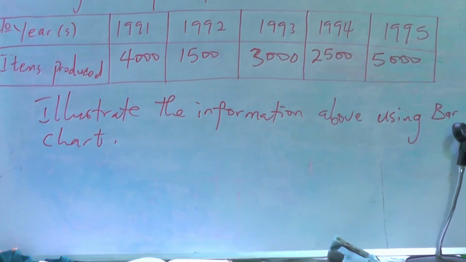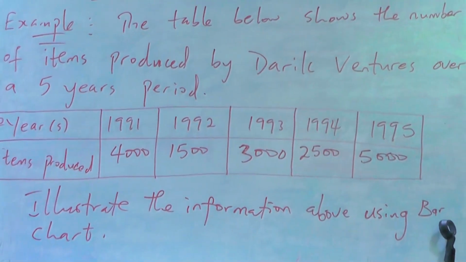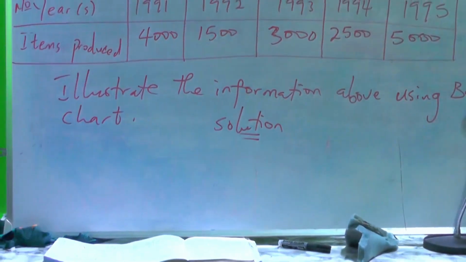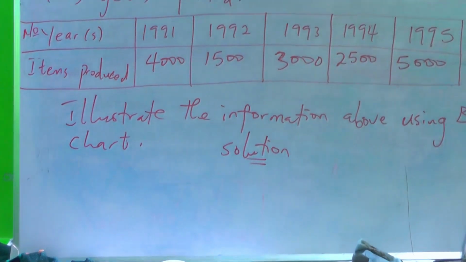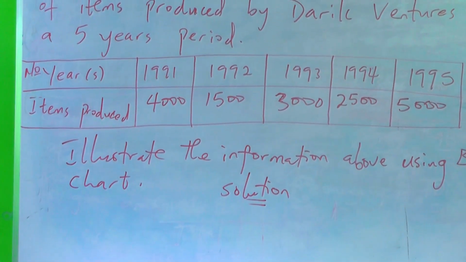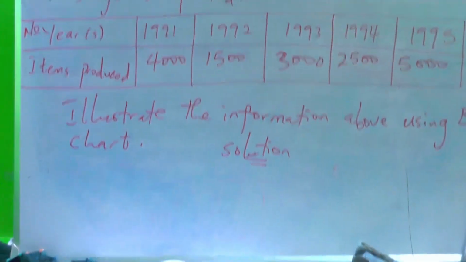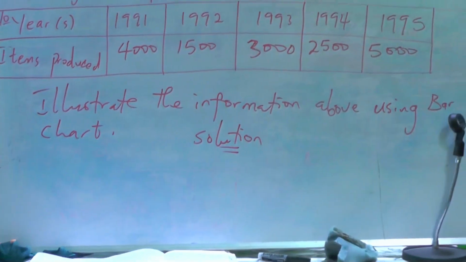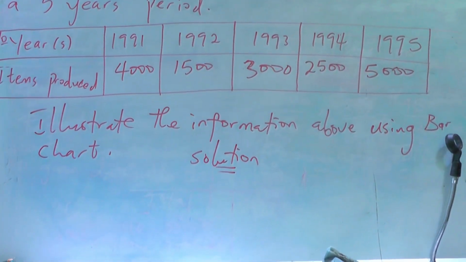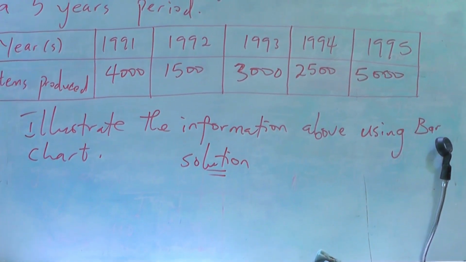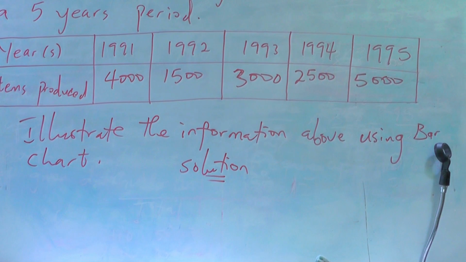Then we now provide a solution to this question. The first thing is the table is there. What we need is to decide which one will be on the frequency side.